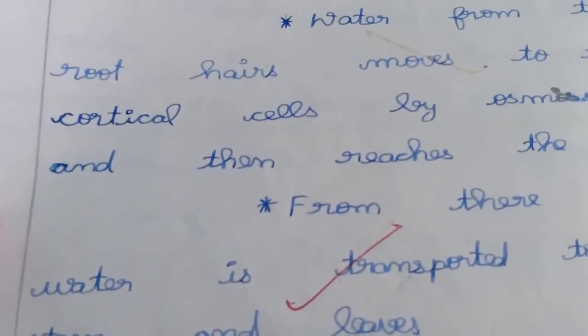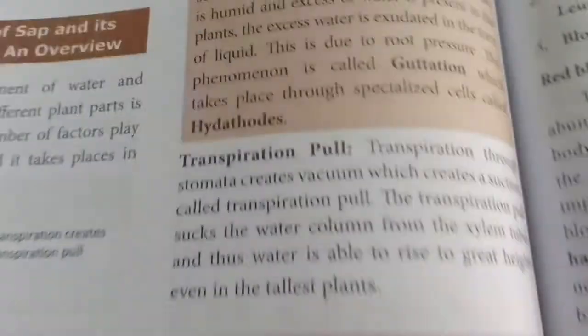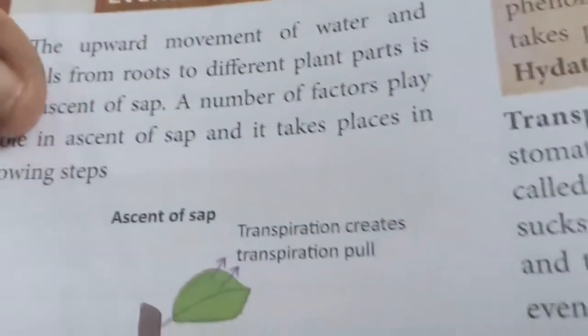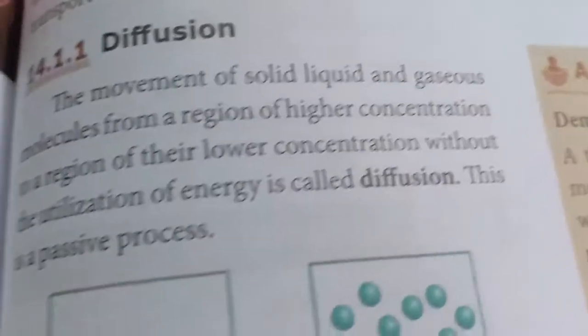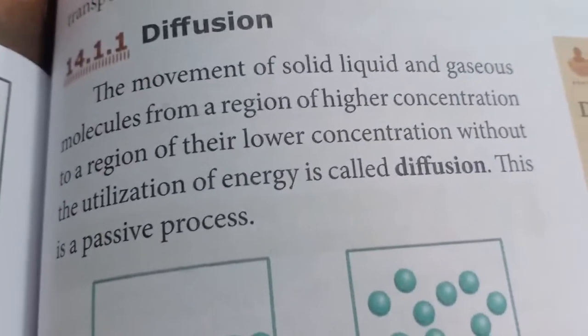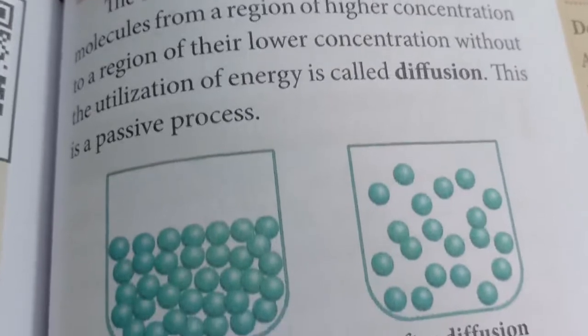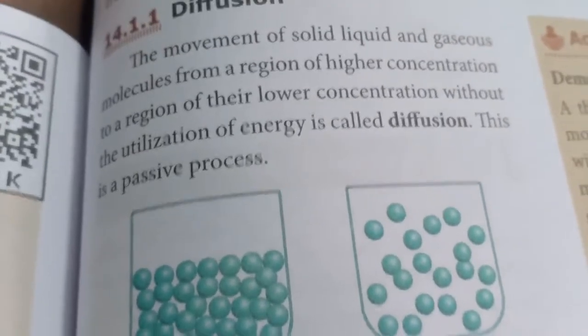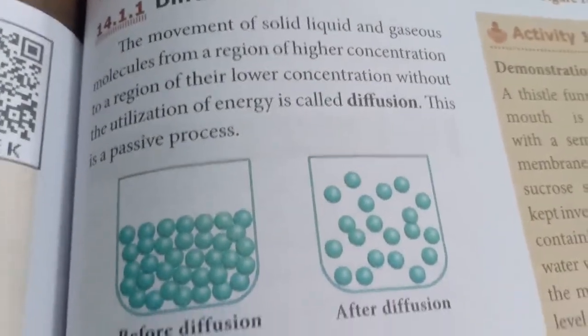Now, let's see, explain. We need to explain. For this, we have to move into our textbook, where we have the osmosis and the diffusion process. The movement of liquid from a region of higher concentration to a region of lower concentration is called diffusion. So you are explaining diffusion here.